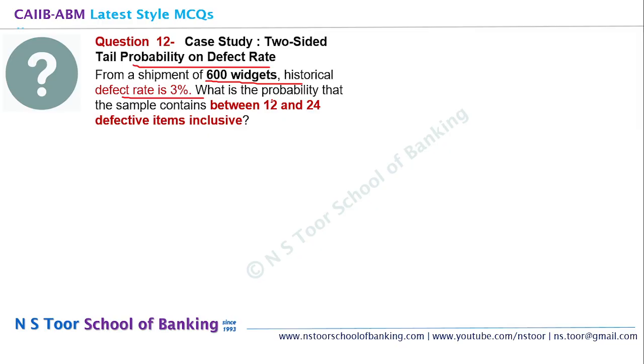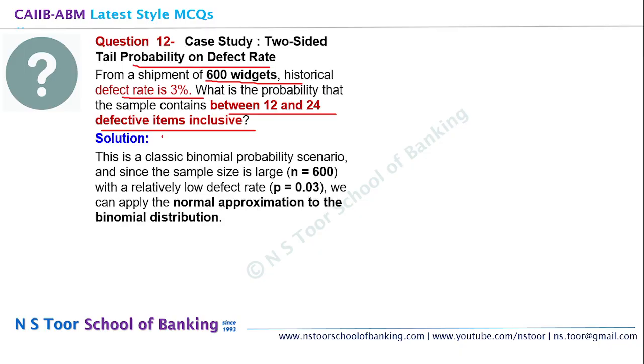So what is the probability that the sample contains between 12 and 24 defective items, inclusive? That is the information they want.